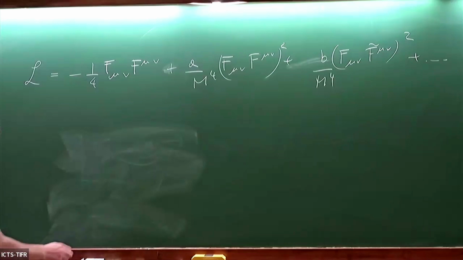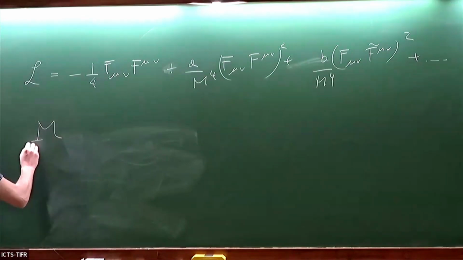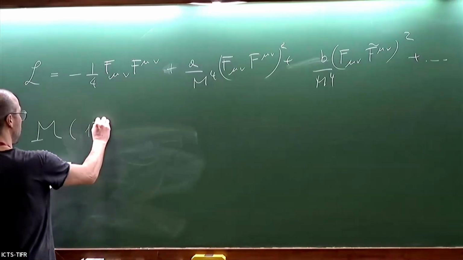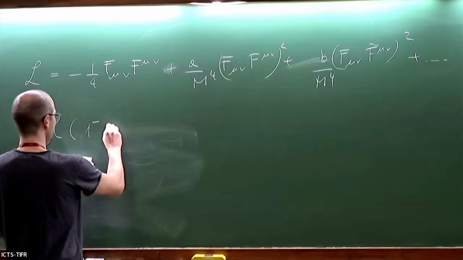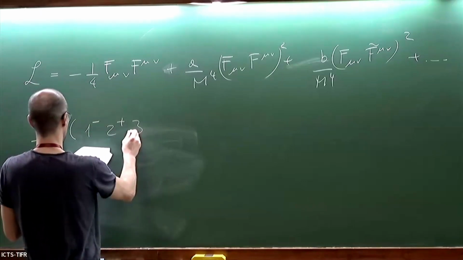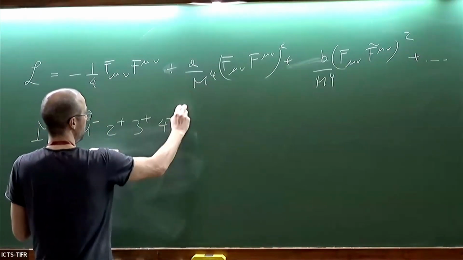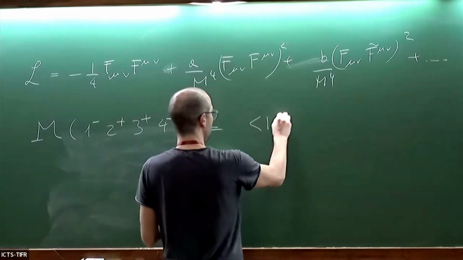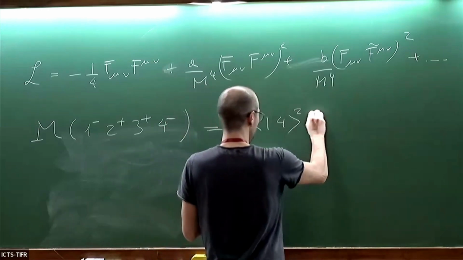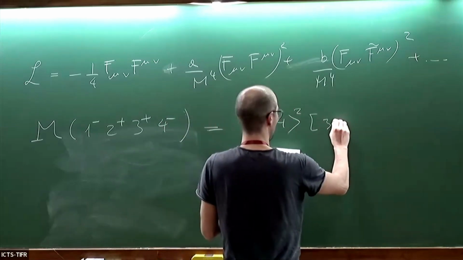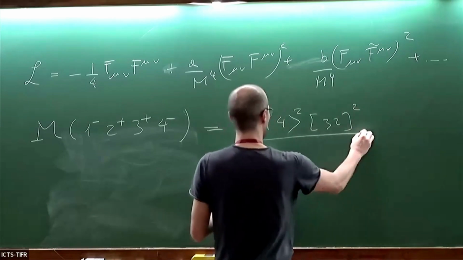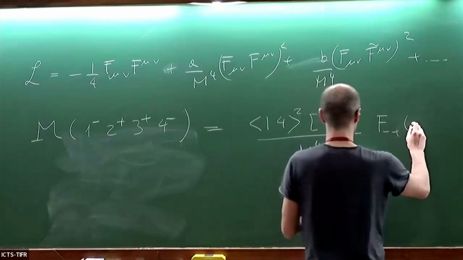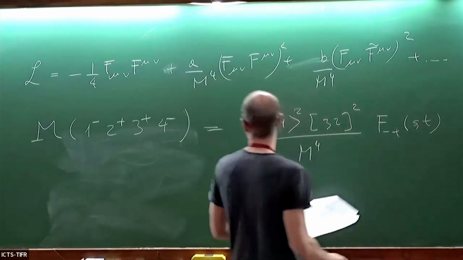Indeed, it's the case. The only thing you have to be careful about is the polarizations. For example, let's consider a scattering of photons with helicities 1 minus, 2 plus, 3 plus, 4 minus, in the convention that Alex was also using. So this would be, now you're experts on this, angle bracket 3 2 squared divided by m to the fourth, f minus plus of s, t.